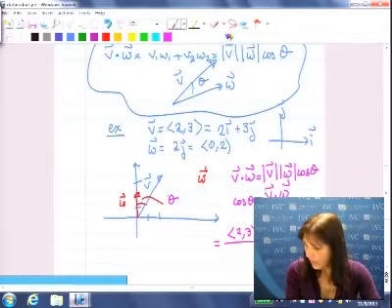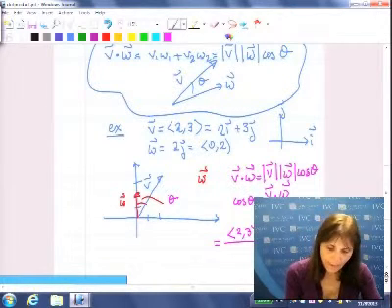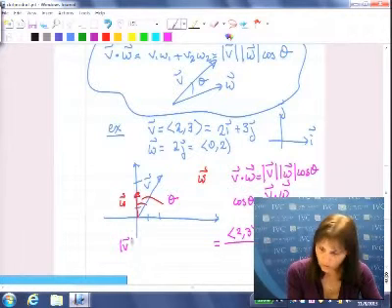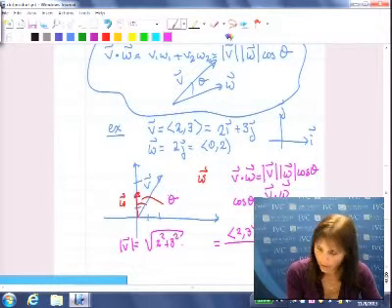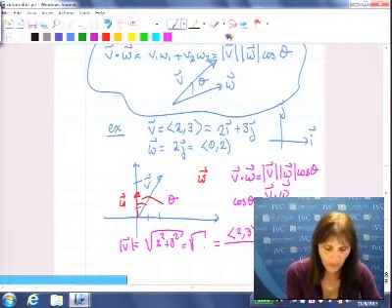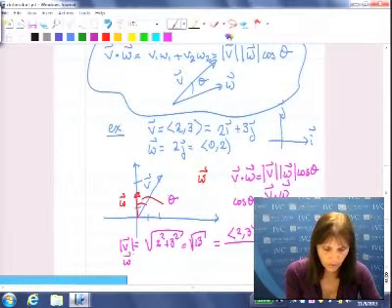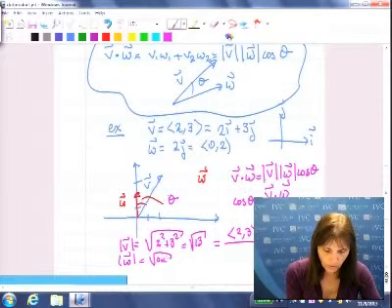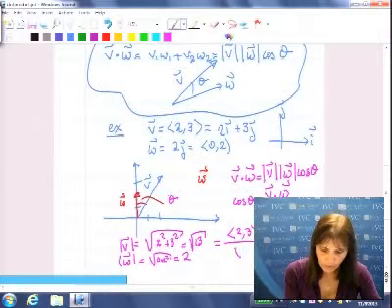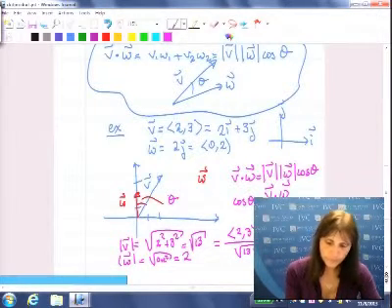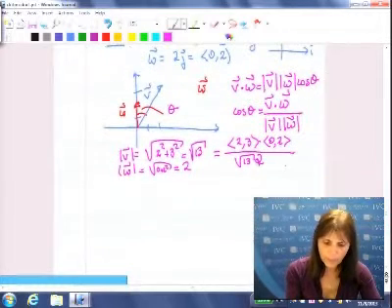And let's look at the magnitudes. The magnitude of V is the square root of 2 squared plus 3 squared, and that turns out to be 9 plus 4, 13. The magnitude of W is simply the square root of 0 squared plus 2 squared, which is 2. So the denominator is root 13 times 2.